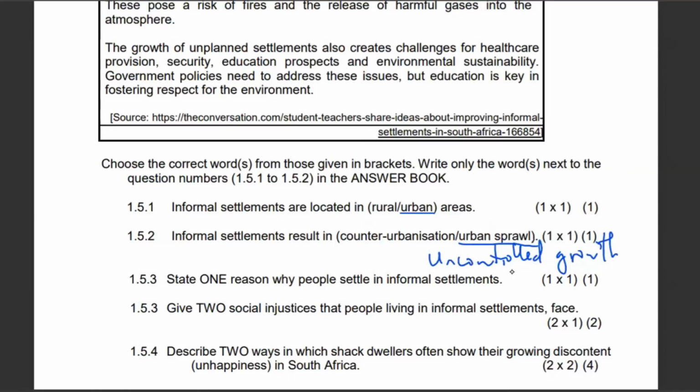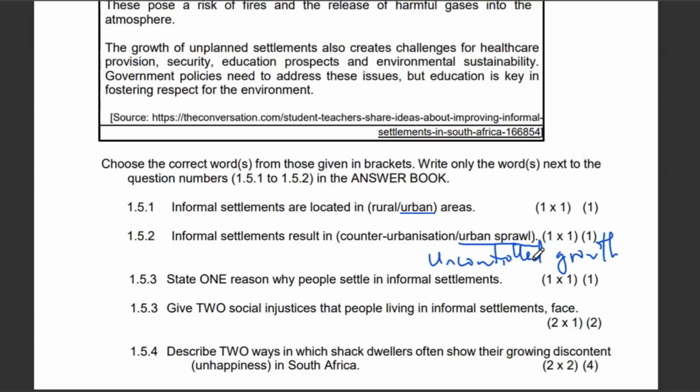It means people just settle wherever they feel they can settle without the approval of the authorities. And as such, that will give a formless growth of the urban areas or a shapeless growth of the urban area, which is uncontrolled because the informal settlements are just an invasion of land around the urban areas. So that is urban sprawl. Counter-urbanization is wrong. Counter-urbanization, we are looking at the reversal of urbanization, where people are now moving from urban areas going back to the countryside or the rural areas.